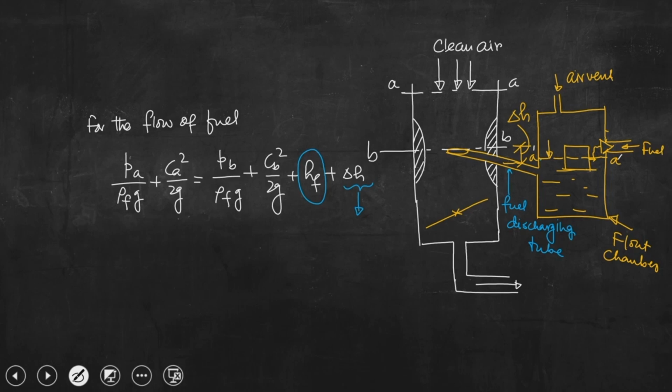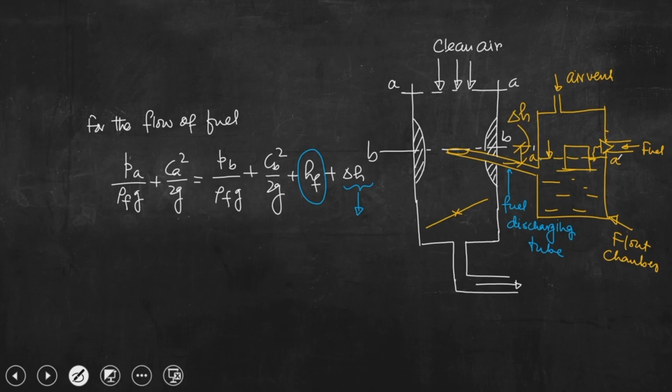So, this particular height difference is also very important, because what we had discussed in the last class is that we would like to have a drop in pressure of the air while it is flowing through this passage, and that pressure difference is responsible for the flow of fuel from the float chamber to this particular orifice point. Okay.